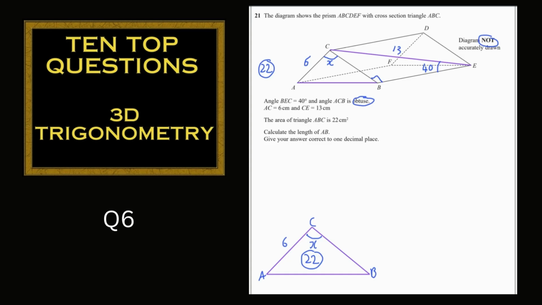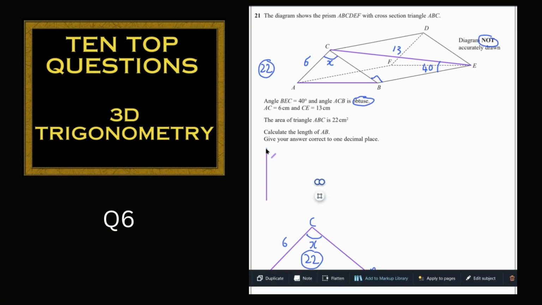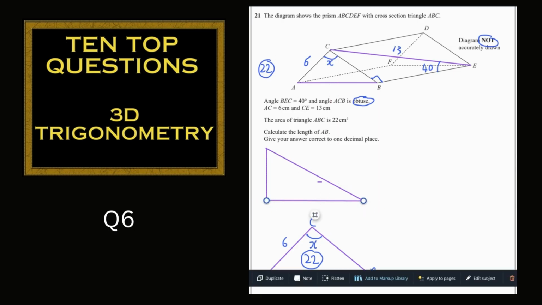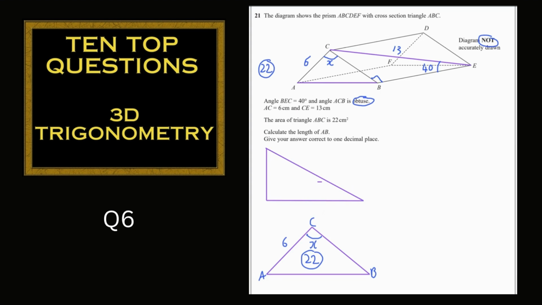Look at that triangle where they've given us plenty of information. Again, let's take a bit of time, always worth it. Let's redraw it. Let's have a look at that in more detail.